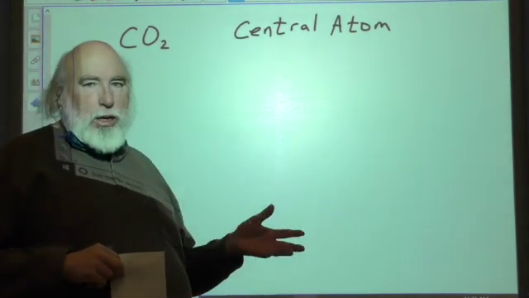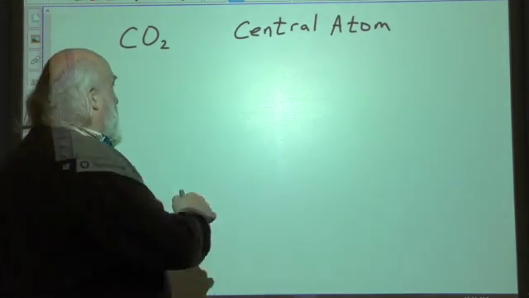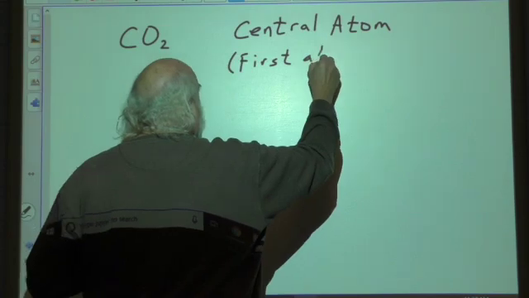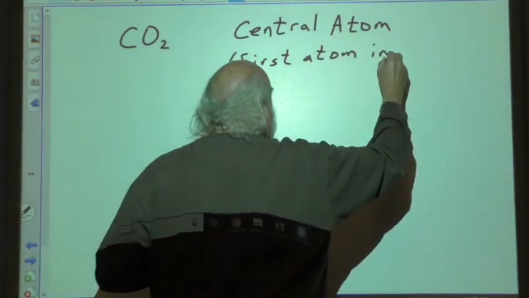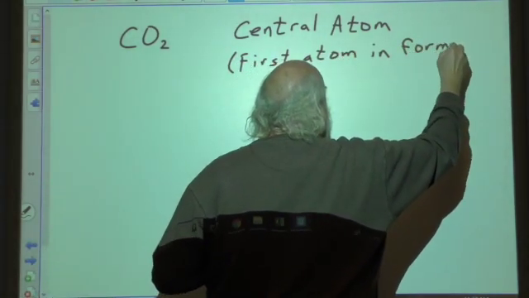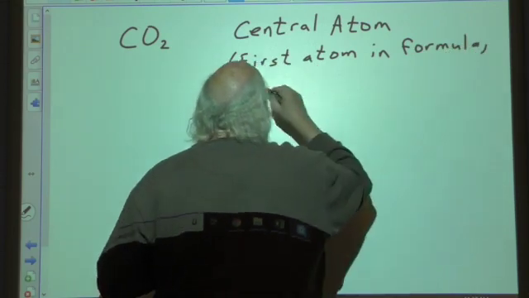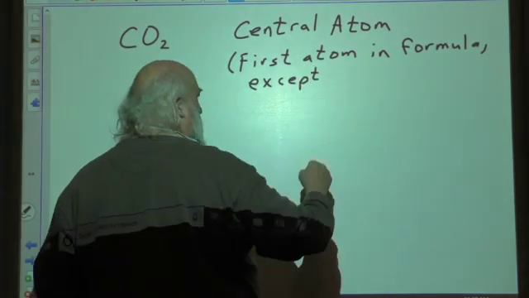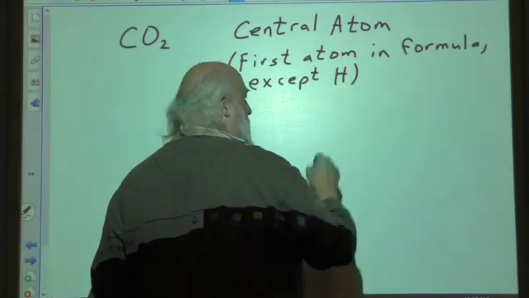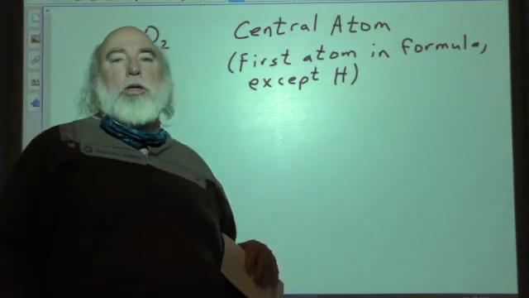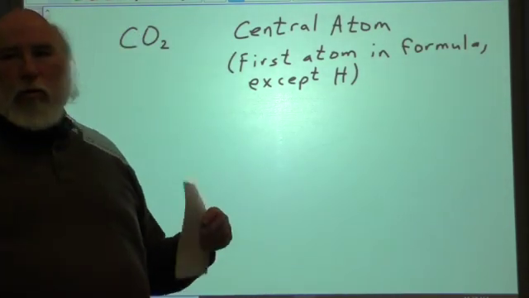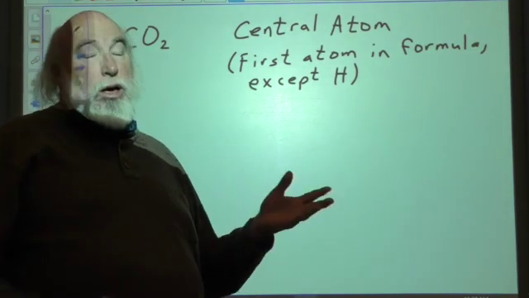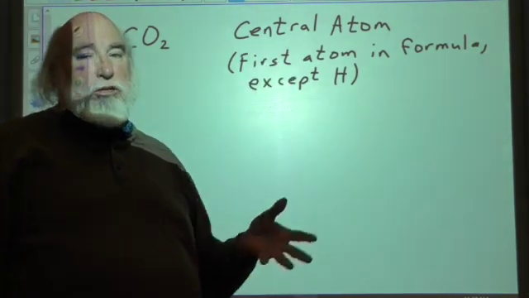And usually, it's the first atom mentioned in the formula. However, there is an exception, and that is hydrogen. Since hydrogen can only bond to one other element, that isn't going to work. A central atom has to be able to bond to at least more than one atom. So in other words, 2, 3, or 4. And the maximum can bond to 4 because there are 4 valence electrons around carbon.